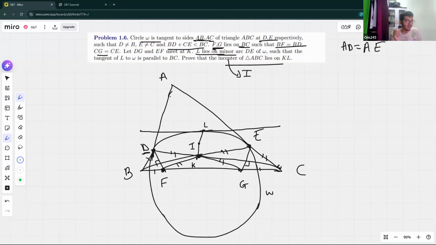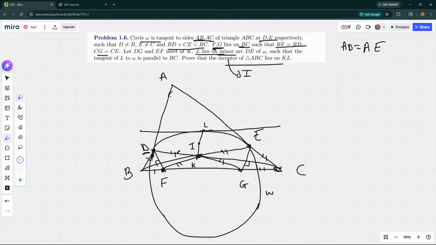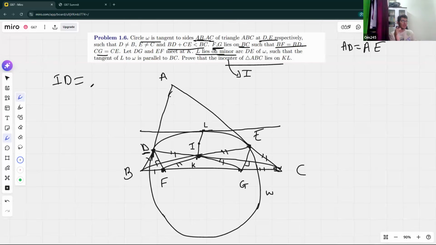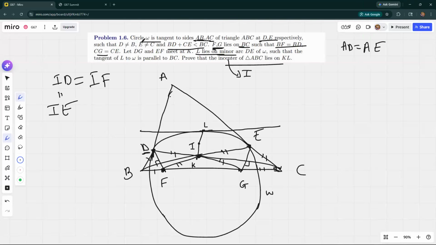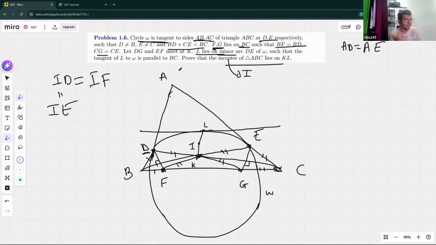So because of this equality, wait, how did you get ID equals IF? The other ID is equal to IF, and ID is equal to IJ because it's a tangent to BC and AC, right?